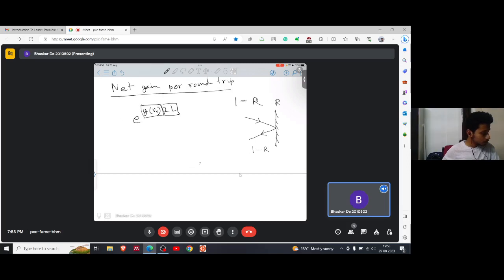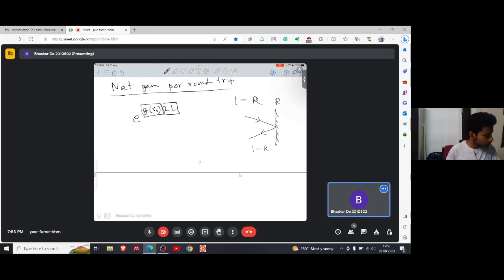The minimum round trip. So for the simple situation in which both mirrors have the same reflectivity, it will become r square e to the power g threshold 2l equal to 1.